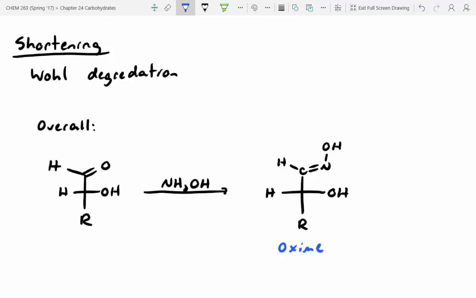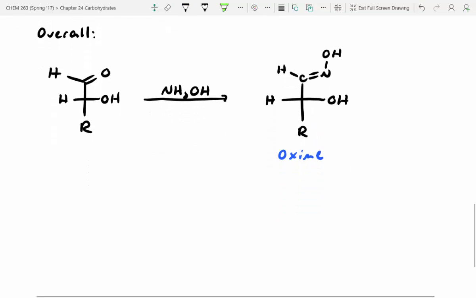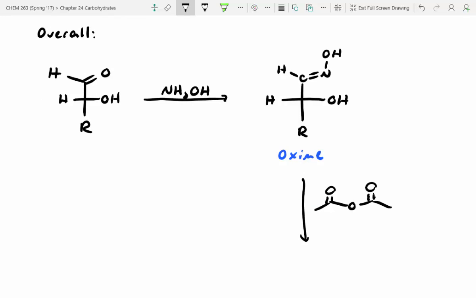Okay, now that we have this, what we're going to do is treat this with acetic anhydride. That was a reagent we like to use for acylating things. And we're going to use sodium acetate and acetic acid. So it's basically this big combo of reagents.